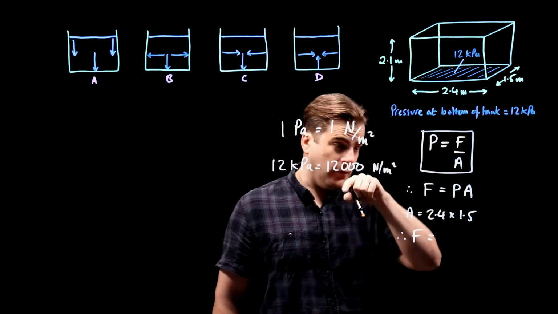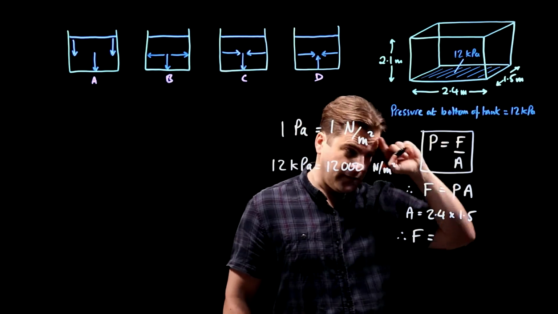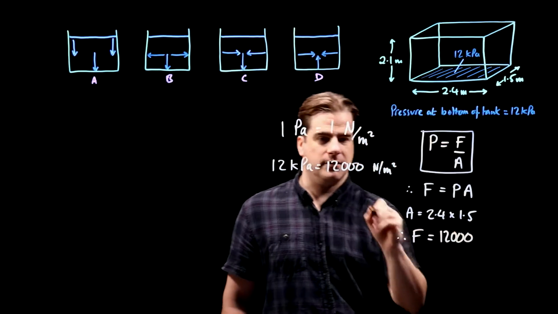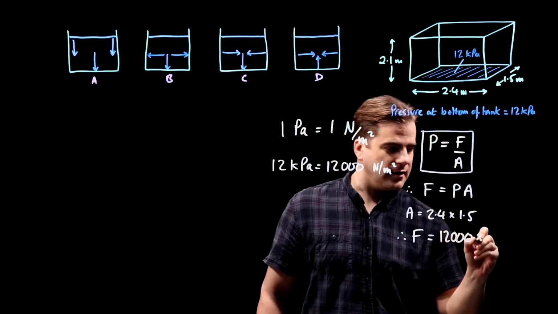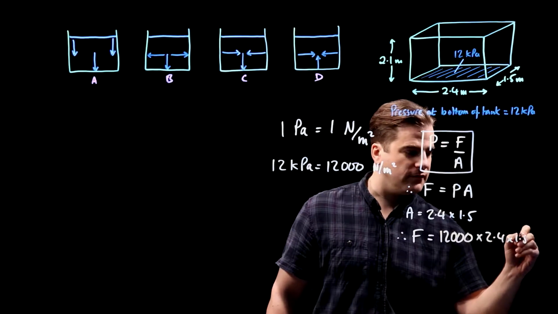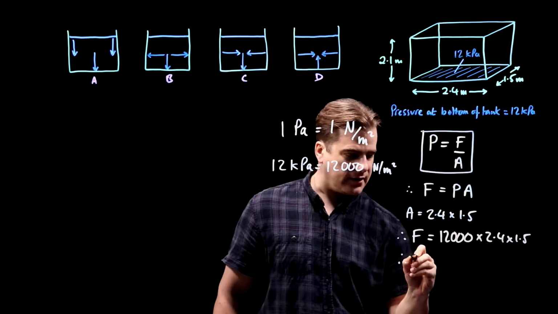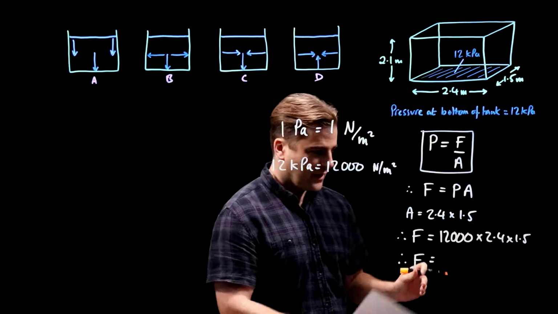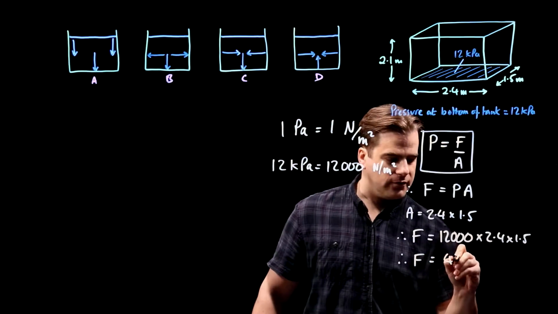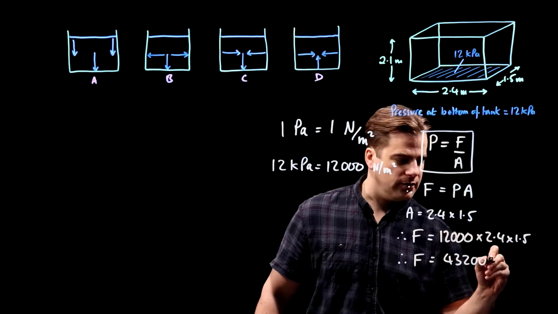So therefore, the force is pressure times area, 12,000 newtons per meter squared times the area, which is 2.4 times 1.5. Stick it in your calculator and you get 43,200 newtons.